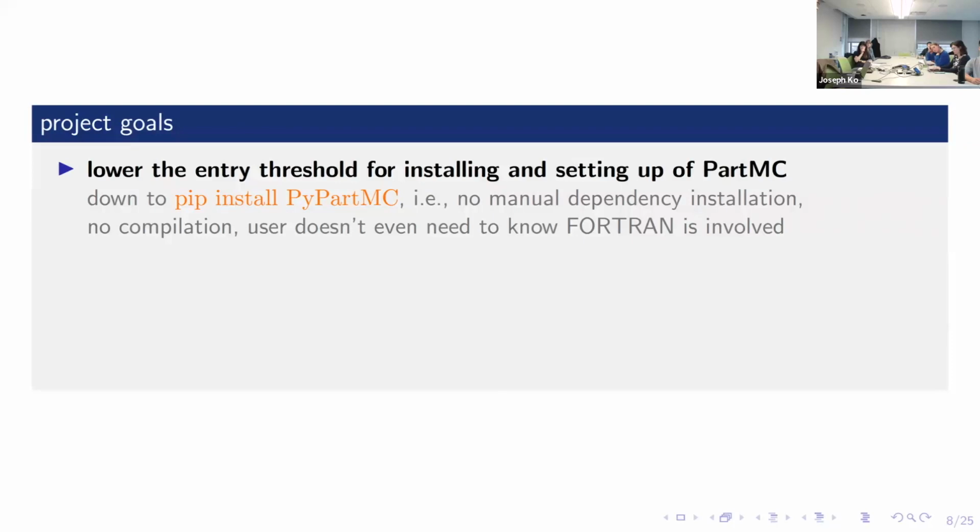So actually, what we have identified as the key challenge for users of PartMC was not the physics or chemistry or running the simulations, not even analyzing the output, but actually getting it running.